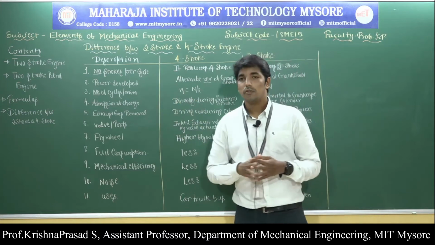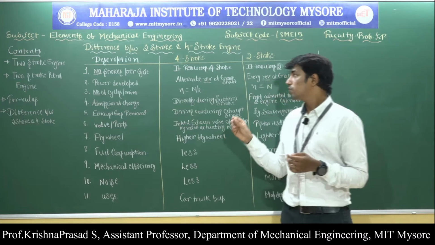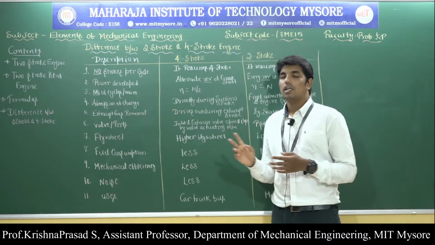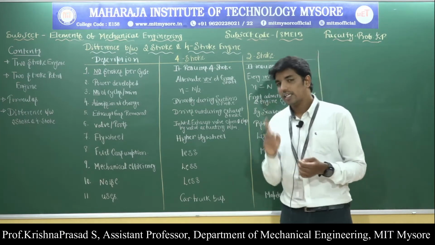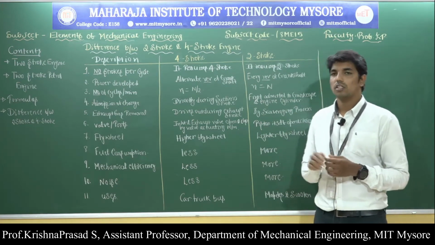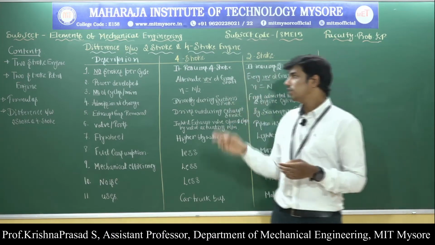The very first description is the number of strokes per cycle. The 4-stroke engine requires 4 different strokes to complete one working cycle: suction stroke, compression stroke, power and exhaust stroke. And in the 2-stroke engine, the working cycle is completed in 2 different strokes, the upward stroke and the downward stroke. So that is the first description.